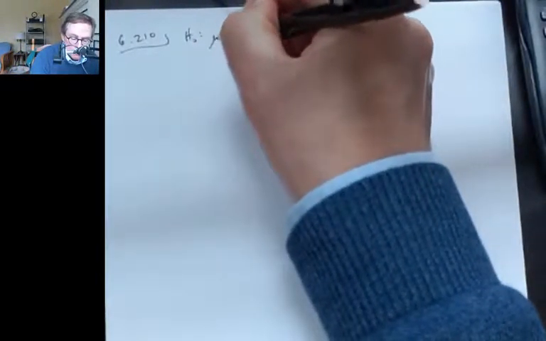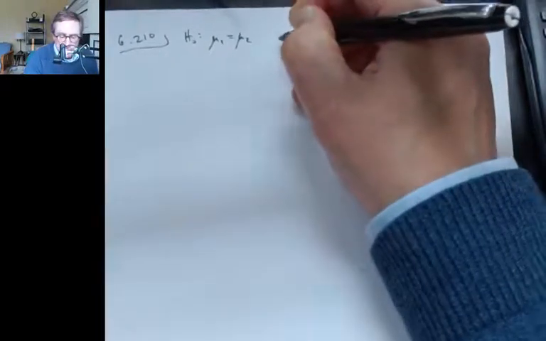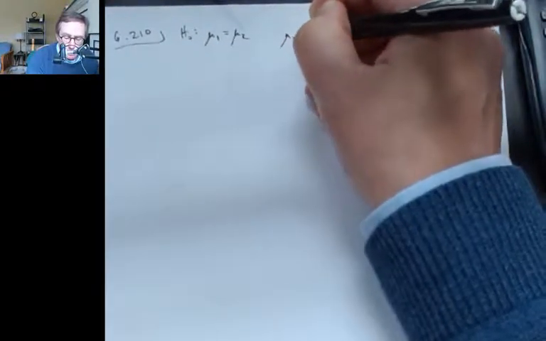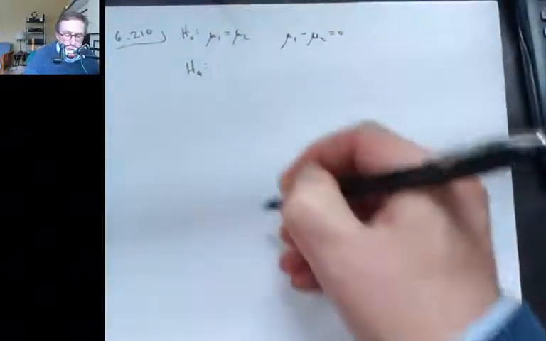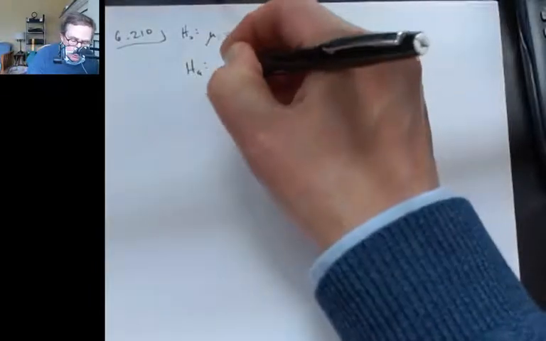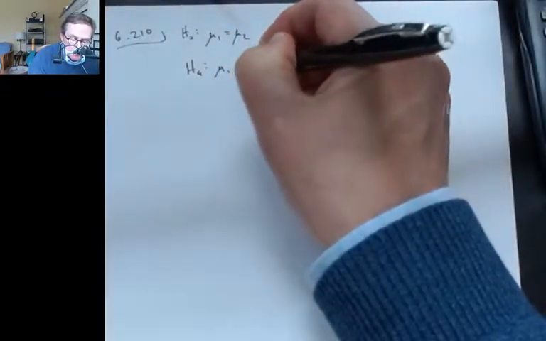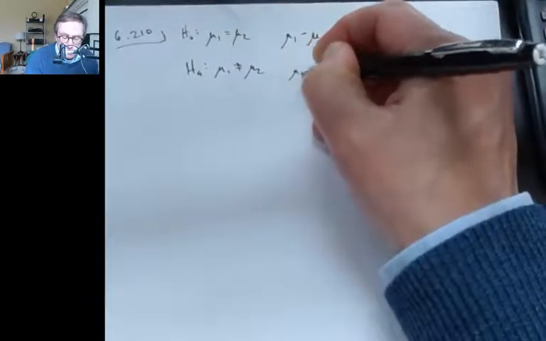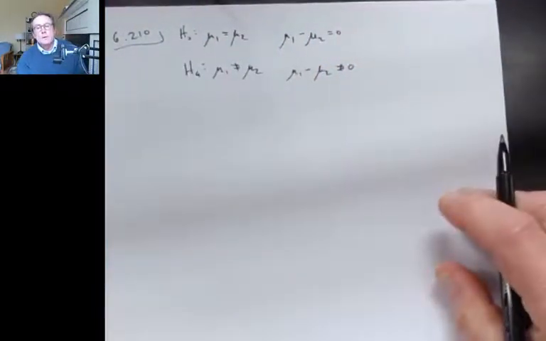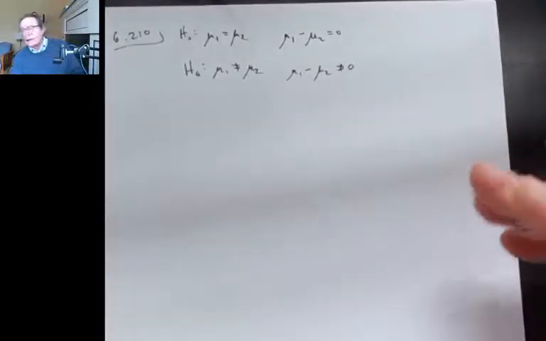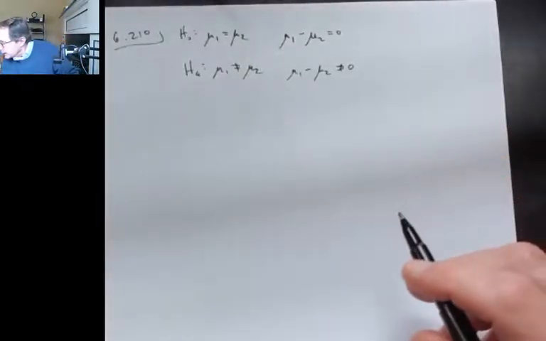And H0 is mu1 equals mu2, which, as you know, I like to write as mu1 minus mu2 equals 0. And then HA is mu1 unequal to mu2. So that's mu1 minus mu2 is unequal to 0. Okay, and then it gave me some data, and I'll copy it down where a person can read it. So x1 bar is 15.3.